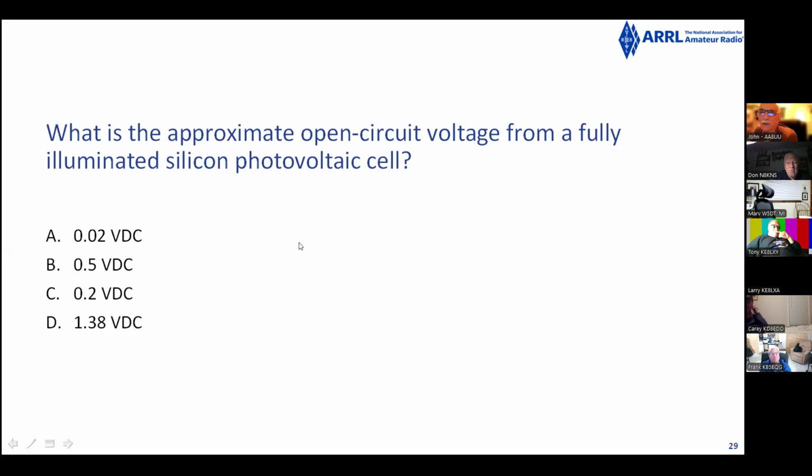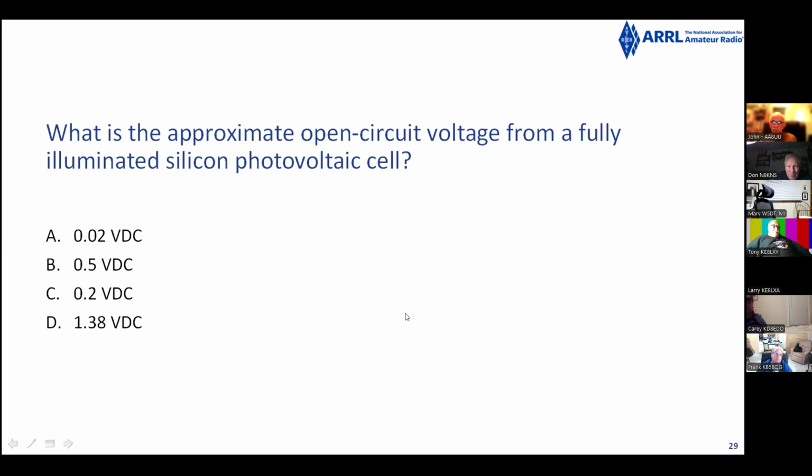What is the approximate open circuit voltage from a fully illuminated silicon photoelectric cell? 0.02, 0.5, 0.2, 1.38. And like we were saying, some of this you just got to memorize. I guess, I mean, we were taught that forward drop was 0.7, but here we got a little bit different number.